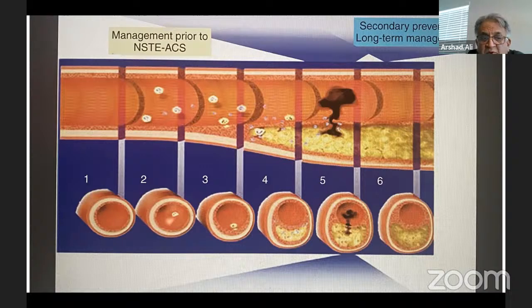The endothelium of the vessel will start functioning abnormally. One of the abnormalities is that its response to nitric oxide starts becoming abnormal. That is the very first thing that will happen.